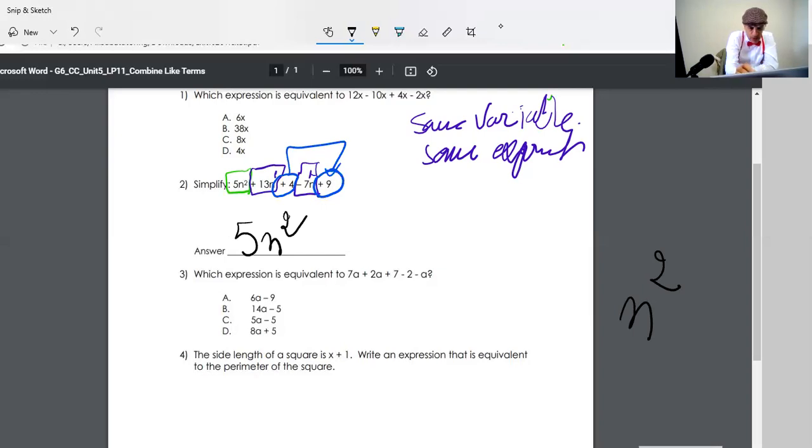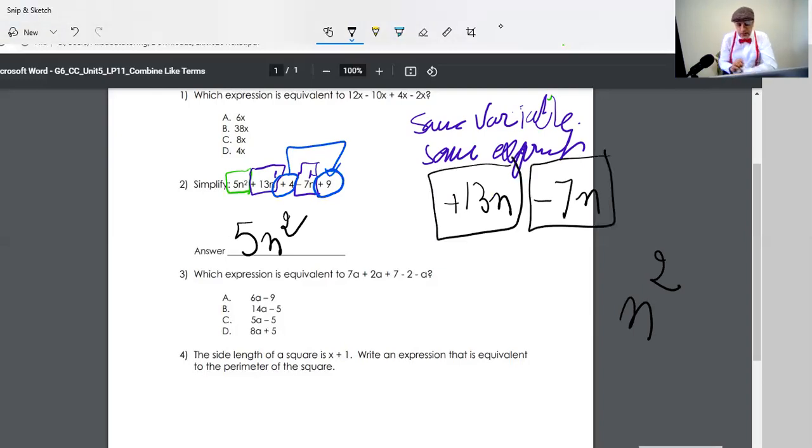We have plus 13n, take the sign to the left, minus 7n. These two I can combine together. You box them just like this. Tells you this one is positive, the other one is negative, okay? So this just says 13n minus 7n. A rule says keep the variable with the exponent. Here is a 1, 1. Keep that, nothing happens to that.